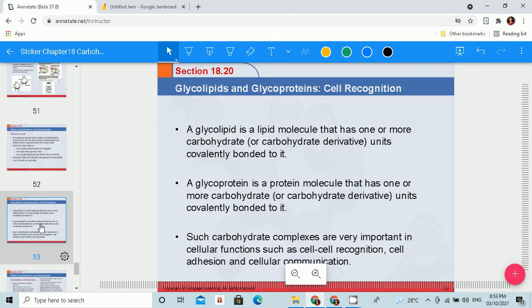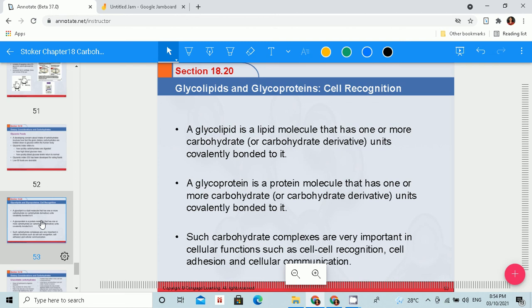From the word glyco, it is from carbohydrates, and then we have lipids, and they are covalently bonded. Here in biochemistry, we will mostly deal with covalent bonding, not ionic bonding, because biochemistry deals with bioorganic substances, and in organic substances, they are mostly covalently bonded.